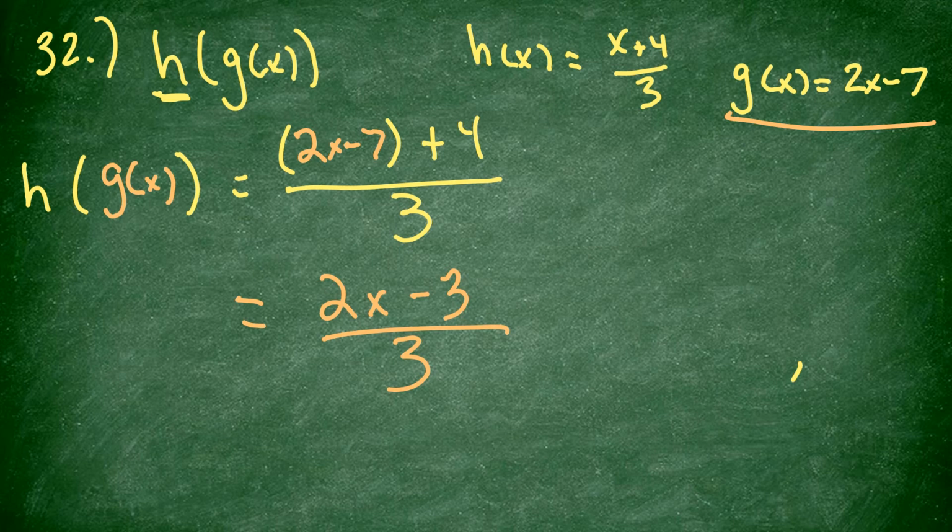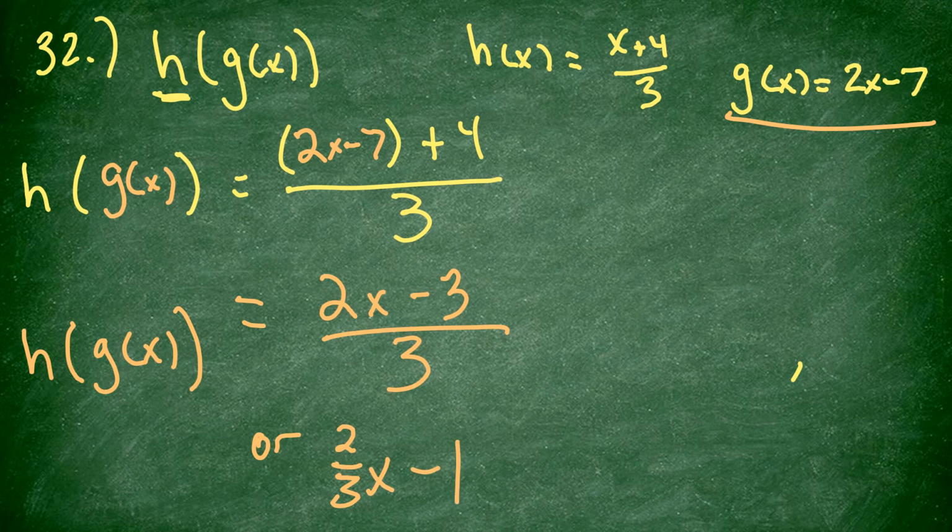And I would just leave it just like that. So h of g of x is just 2x minus 3 over 3. You could make it 2/3 x minus 1 if you wanted to, but I would take either or.